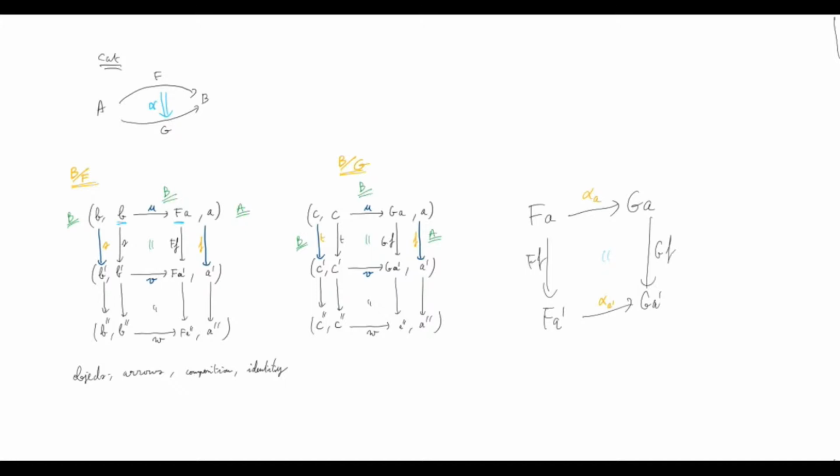Now, given those three things, the category B over F, the category B over G, and those squares alpha defined by the natural transformation, a natural idea would be to say, can we post-compose stuff in B over F with alpha to get elements in B over G? That is, can we somehow define a functor from B over F to B over G?